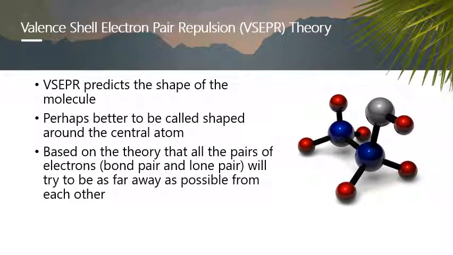Now, earlier I promised you we'll go into shapes, but how do you get to shapes? The valence shell electron pair repulsion theory predicts the shape of the molecule. But perhaps it's better to call this the shape around the central atom. Why? Look at the one on the right. What shape would you put that?